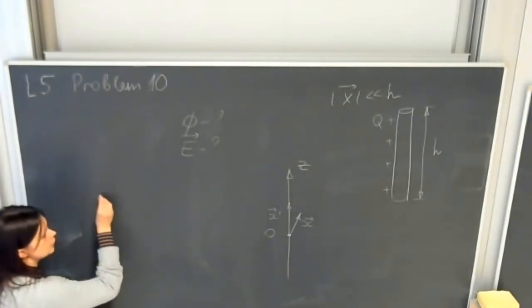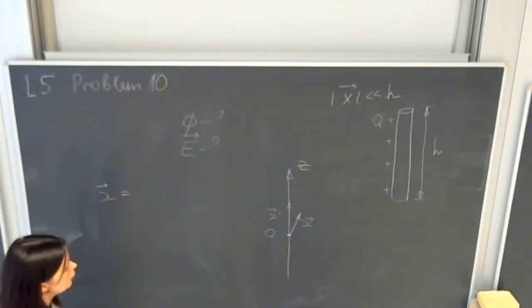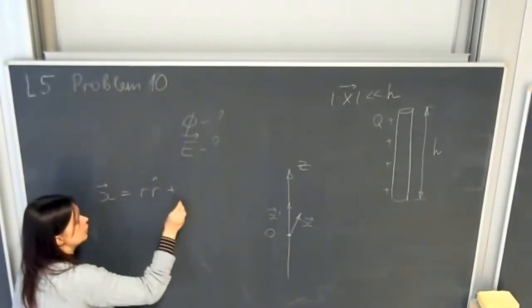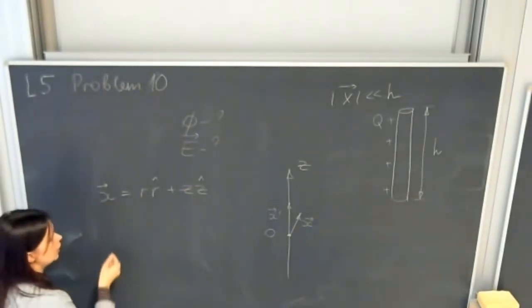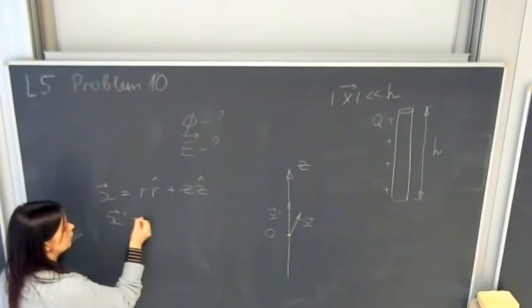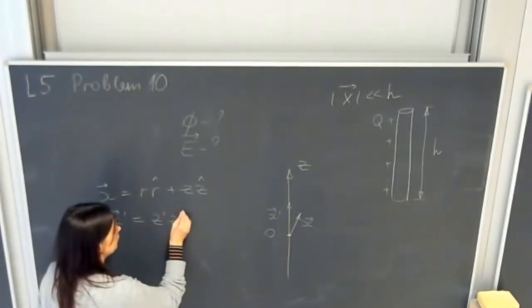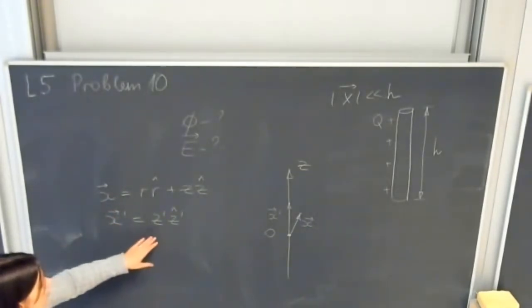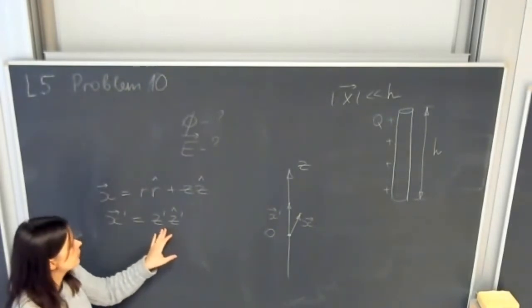And then we can write for the field point, in cylindrical coordinates, that they don't have the same z coordinate.